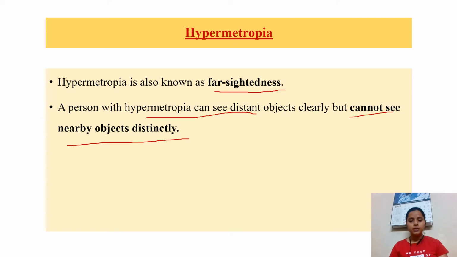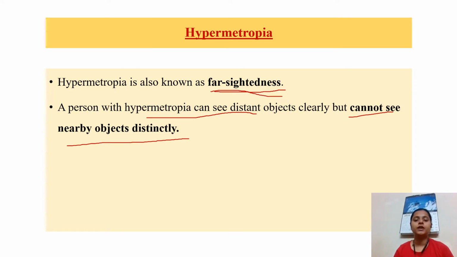So in the first image, the image which I showed in the first slide, the trees and the grasses were very far away while the girl standing on the road was quite near to our eyes, and that is why the picture of that girl was not clearly visible, while the other things, trees and roads, were very clear. So hypermetropia is also known as farsightedness. A person with hypermetropia can see distant objects clearly but cannot see nearby objects distinctly. Okay, so now let's move further.